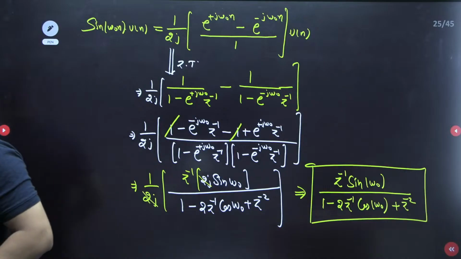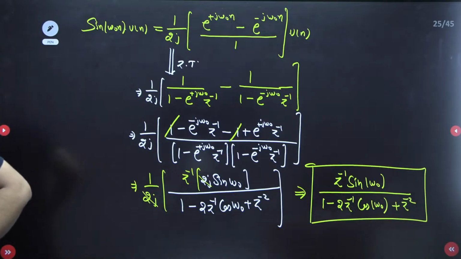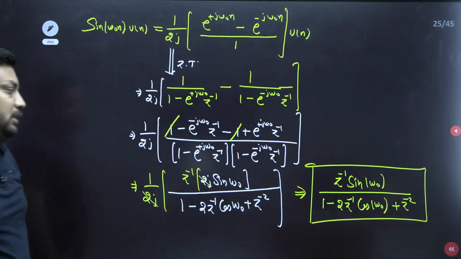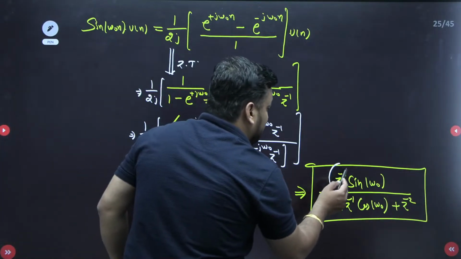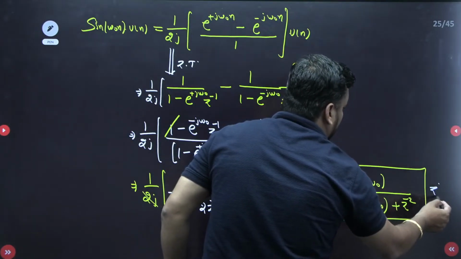Is this crystal clear? Only the numerator will change, sir: sin omega 0 and z to the power minus 1. Exactly, z to the power minus 1 into sin omega 0, and the ROC will remain the same, that is mod of z greater than 1.